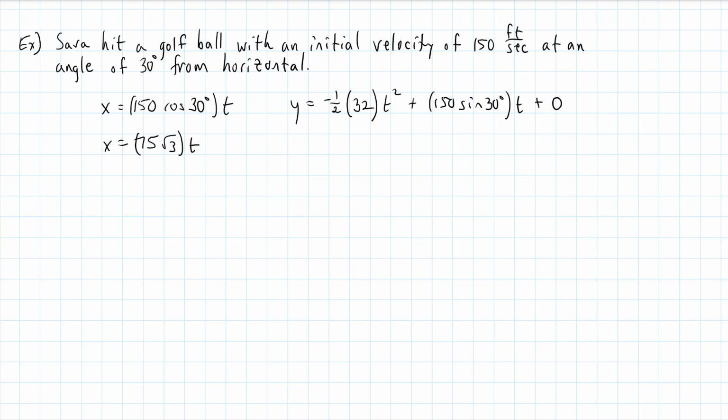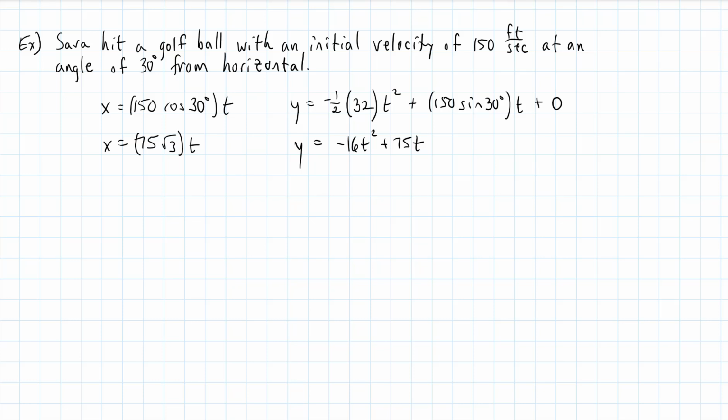If we clean that up, we're going to get negative 16t squared plus 75t. Again, in calculus, you actually see where these two parametric equations come from, because you can start with the acceleration due to gravity and work backwards using the initial height and velocity to get this equation. You'll see that fairly early on in a calc course.